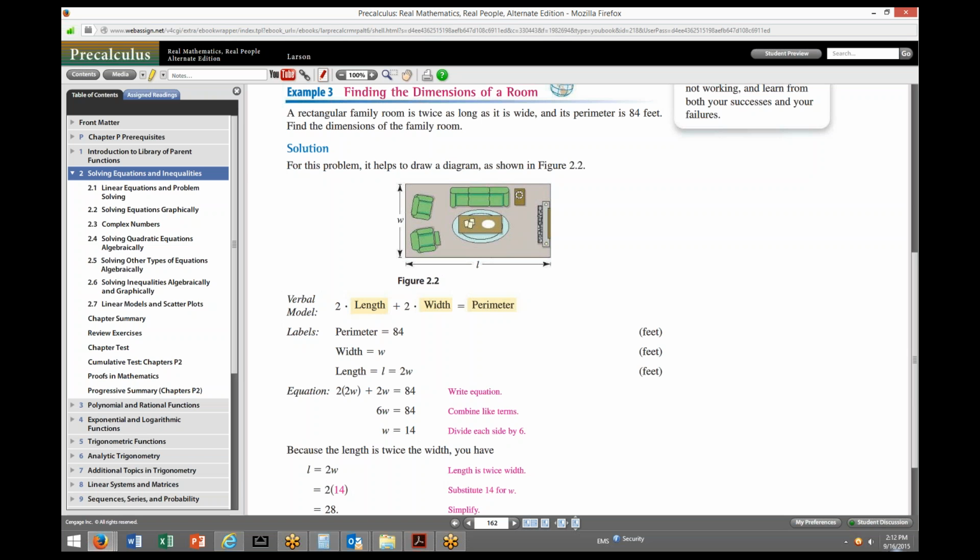So we have to pick some variables here. If we let W equals width, L equals length, then it is true to say that L equals 2W. We also know the perimeter is 84, and you may recall that the perimeter of any rectangle is 2 times the length plus 2 times the width, in other words, 2L plus 2W.